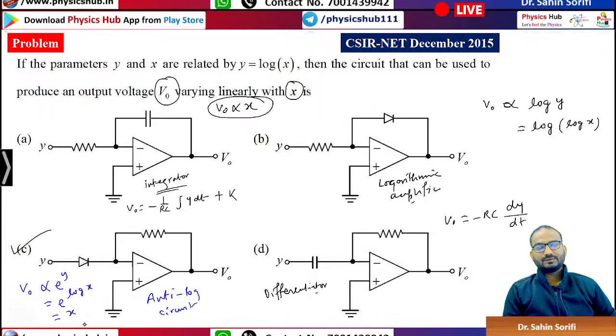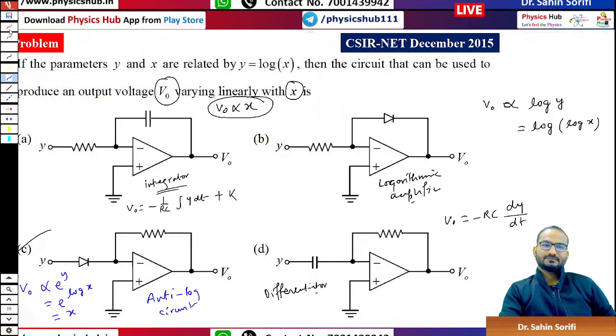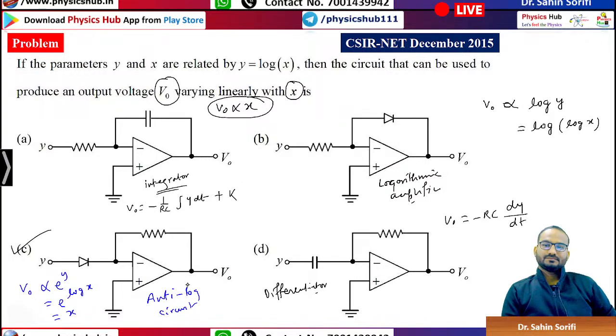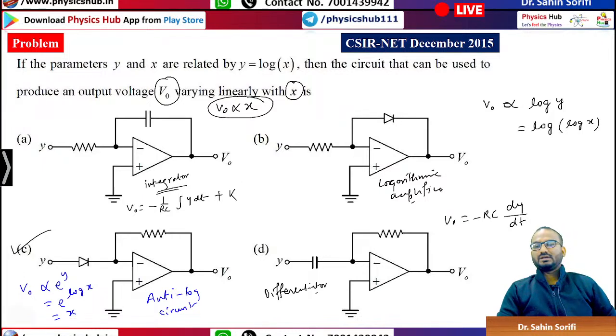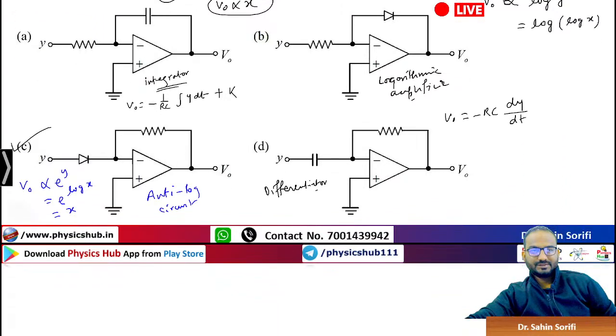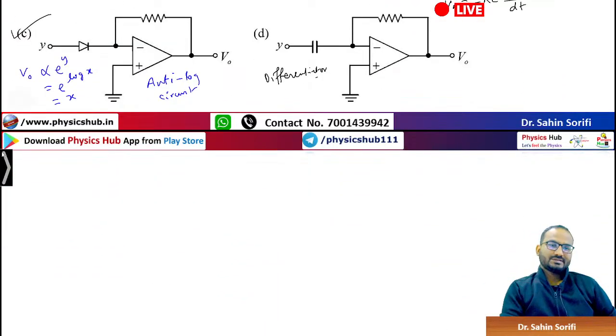So V0 is proportional to x. The logarithmic amplifier we have done. So in your examination, an anti-logarithm circuit may be given, so let's try to derive this.